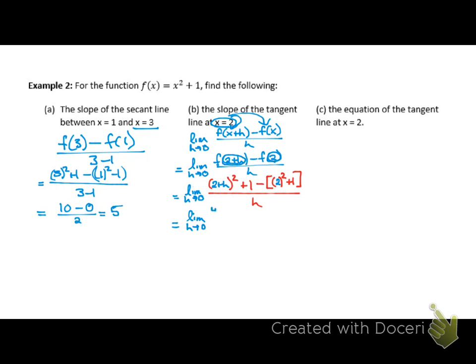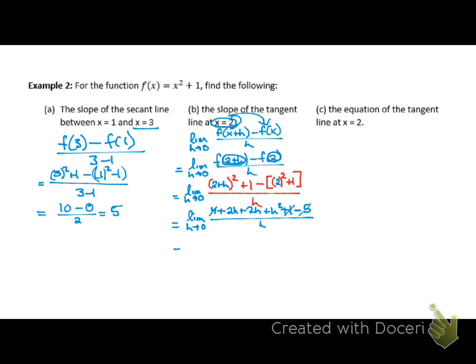So we have 4 plus 2h plus 2h plus h squared plus 1 minus 2 squared is 4 plus 1 is 5 all over h. Now this is nice because if we try to simplify it, because it looks kind of a lot, let's look at our numbers. We have 4 plus 1, which is 5, minus 5, which is 0. So these numbers are all going to cancel out.